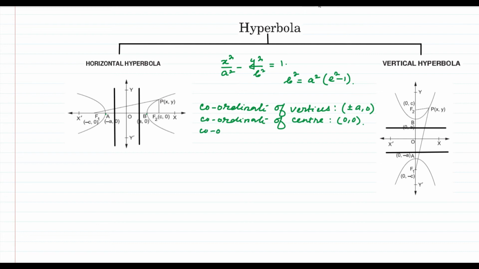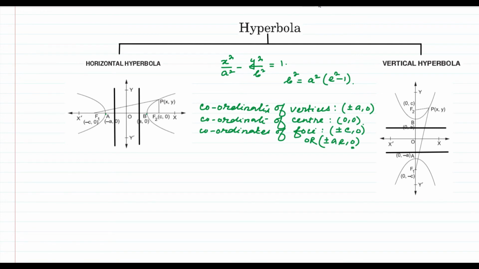The coordinates of the foci are plus minus c comma 0, or we can write plus minus ae comma 0. Since the foci lie on the x-axis, the y coordinates are 0.